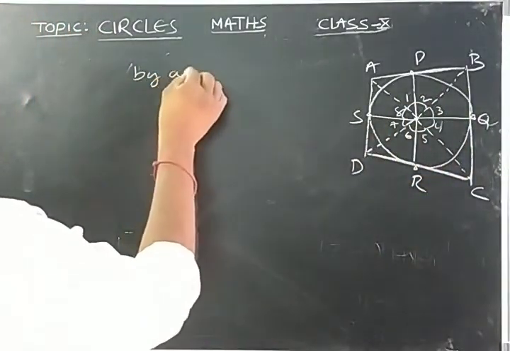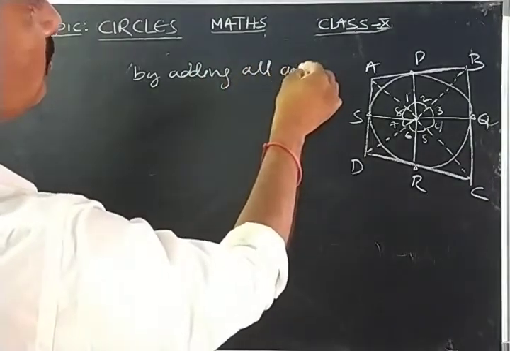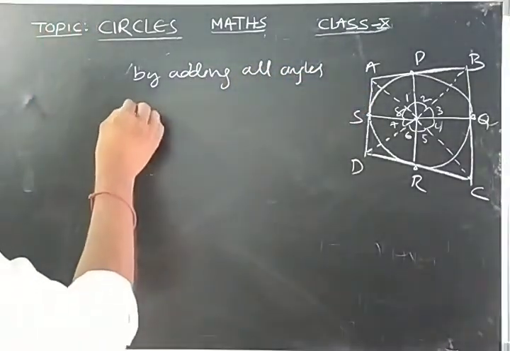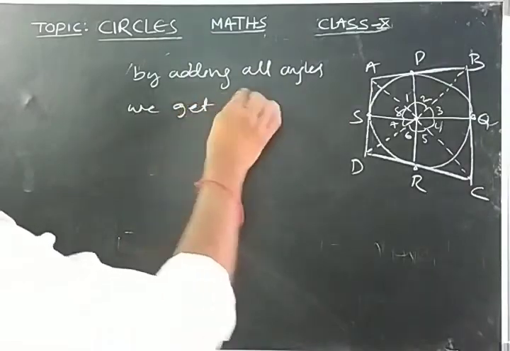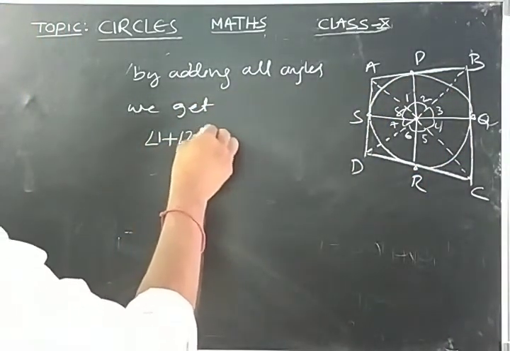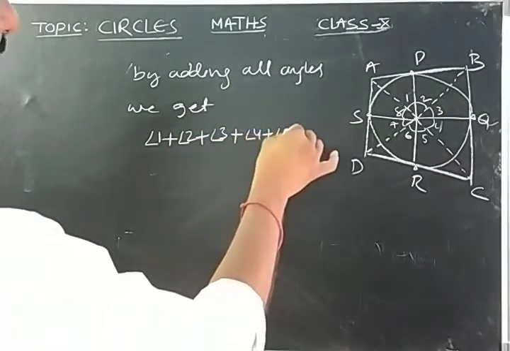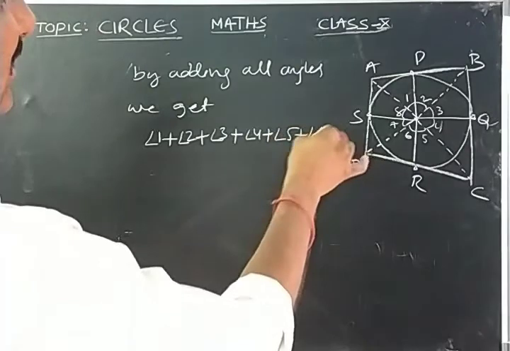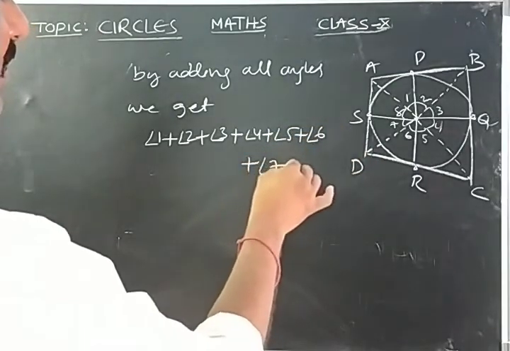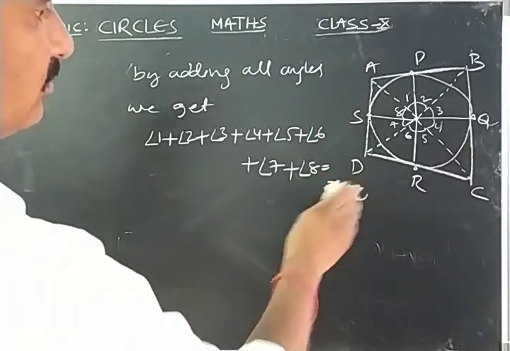By adding all angles we get angle 1 plus angle 2 plus angle 3 plus angle 4 plus angle 5 plus angle 6 plus angle 7 plus angle 8 is equal to 360 degrees.